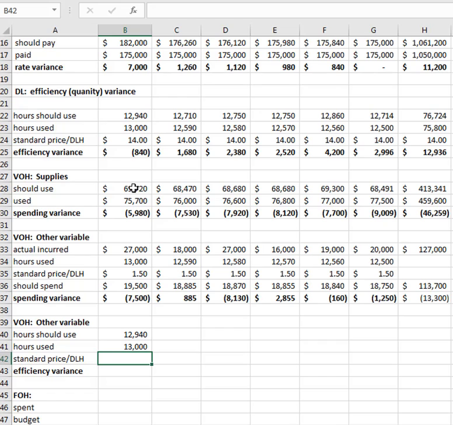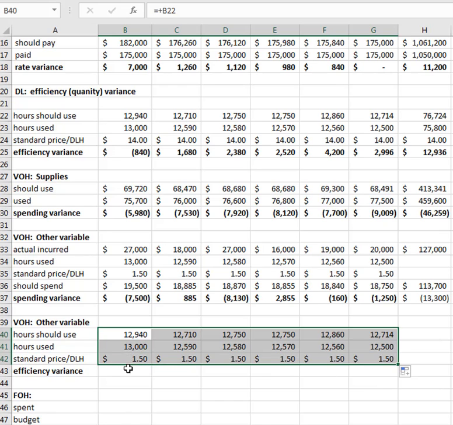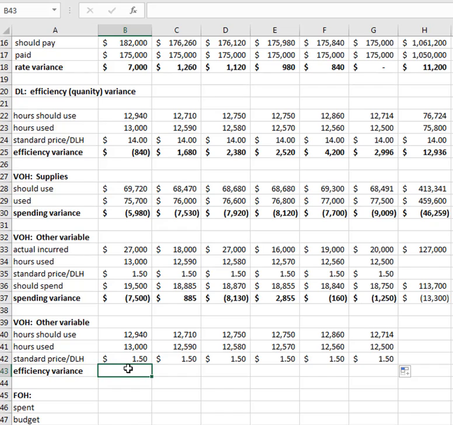Hours they did use, we know that. And then the standard price per hour is the 150. All right, and then the efficiency variance will be the hours we should use minus the hours we did use times that rate. And let's get the brackets in there so the math will be done in the order of operations that we desire.